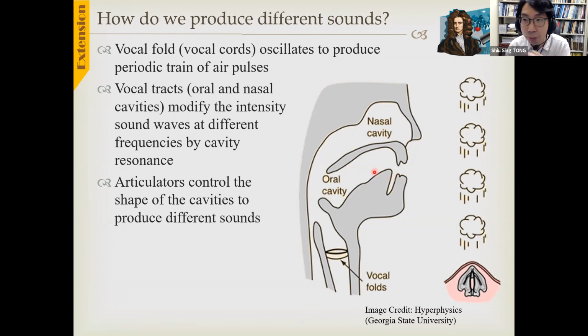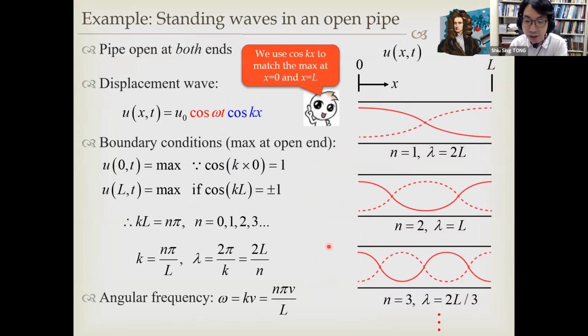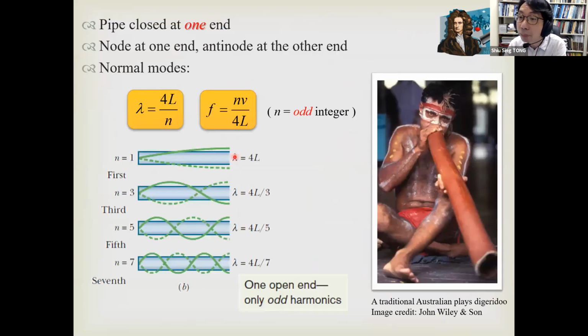When pronouncing some words, we open our mouths, and pronouncing other words, we close our mouth. That changes the resonant frequency inside, because the boundary condition depends on whether we close or open our mouth. When we open our mouth, it is a maximum for the U. When we close our mouth, it will be a node for the displacement. So that affects the resonance frequency inside.